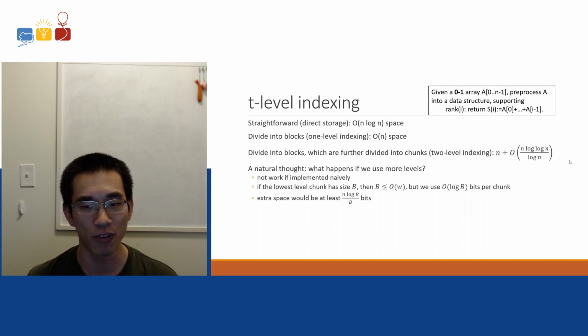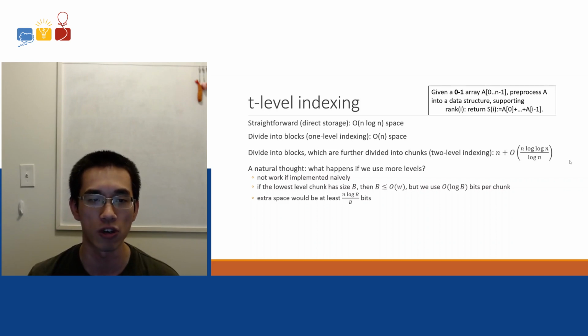So why is this the case? Suppose we do this, and the lowest level chunk has size b for some parameter b. First, if we want query time to be constant, then b must be at most O of w, because those are the parts of the input we directly store, and we have to retrieve all of them to count the number of ones preceding the query.